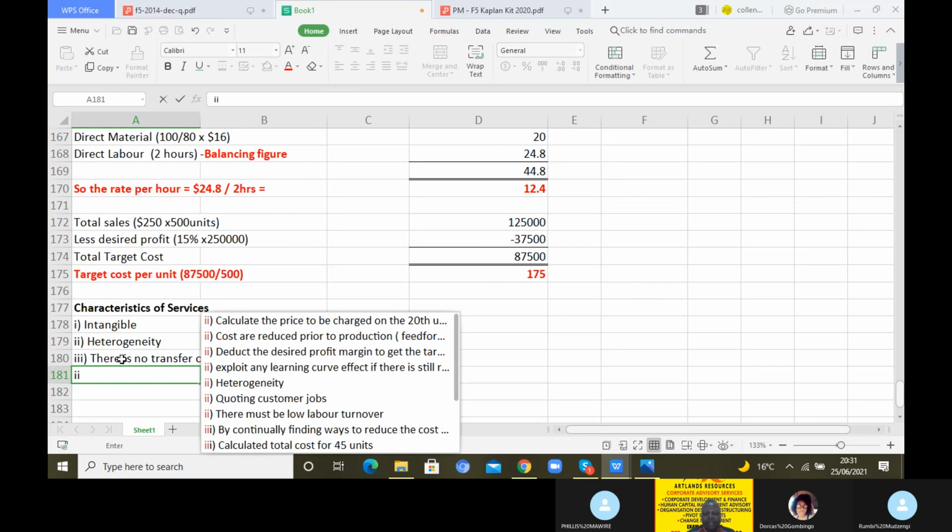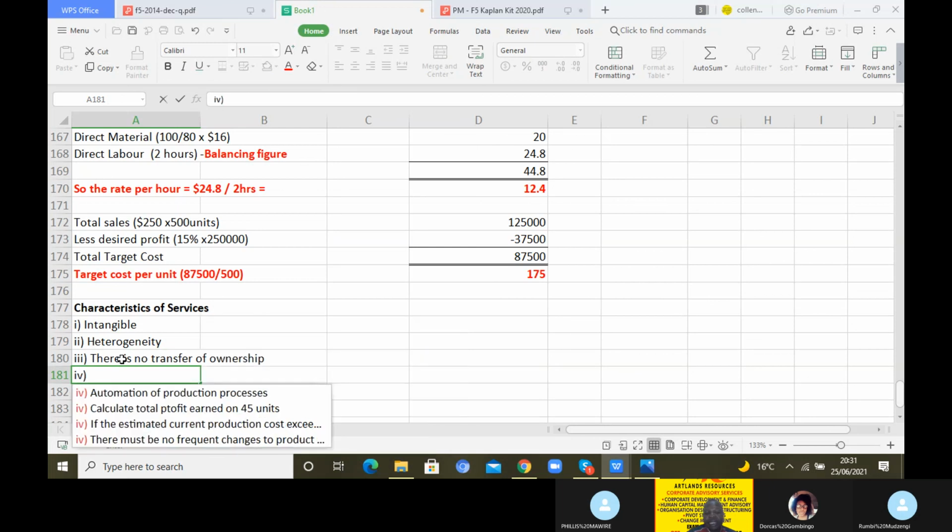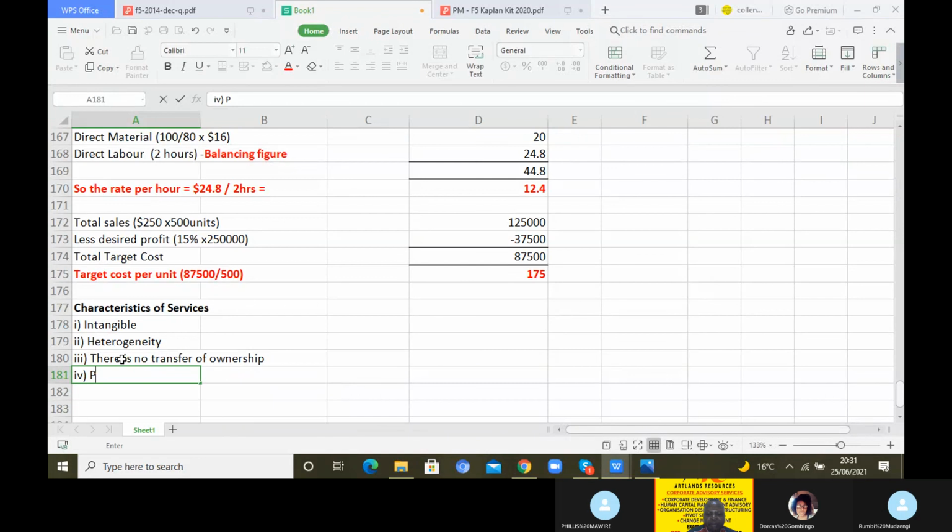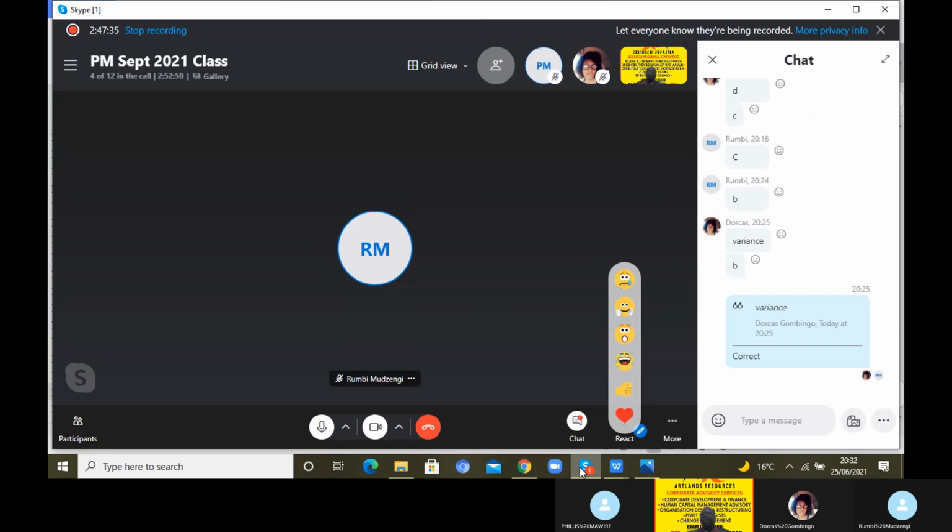Another characteristic of service is perishability. What do we mean by perishability? Services are innately perishable. For example, if an airplane departs from Harare International Airport, which is now Robert Mugabe International Airport, to South Africa with an empty seat, that seat automatically perishes for that journey.